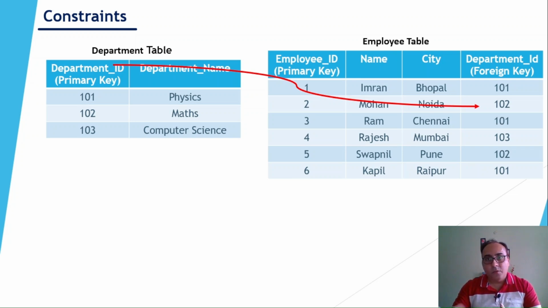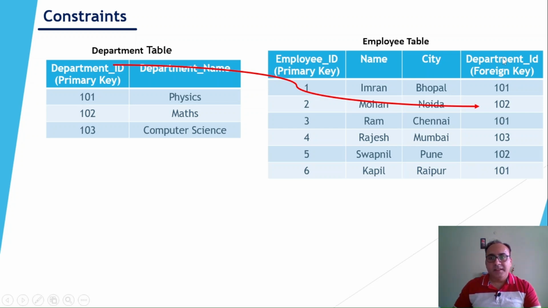In the department table we can keep adding different rows, 104, 105. The only thing is that department ID is the primary key, which has 2 properties: it should store unique values, and it cannot store null values. Other than this, we can store any value.